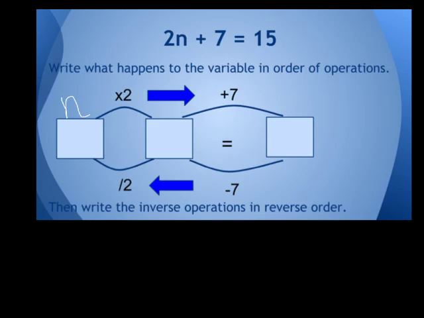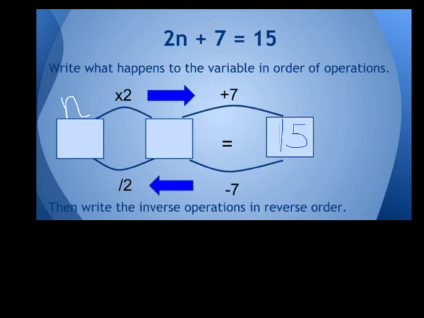What is happening to n as we progress through this equation? We just talked about it. First, n is multiplied by 2, so that's this step here. Then that quantity, n times 2, you get something. Add 7 to that something, and the result is 15.